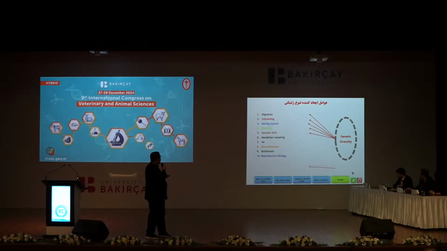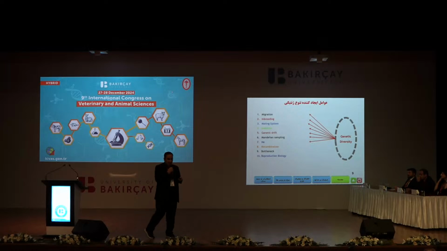So, genetic diversity. It is the main factor, and migration, inbreeding, mating system, mutation, genetic drift, Mendelian sampling, bottleneck, and reproductive biology play a fundamental role in increasing genetic diversity between the individuals in one population.